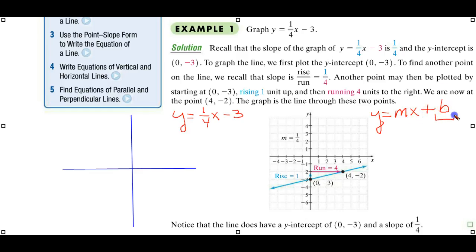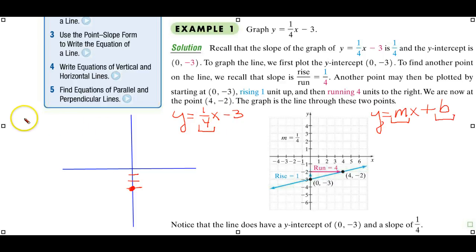Now, b is the y-intercept, so we see the y-intercept is a -3. So in this technique, we put a dot on -3. Now we look at the slope, which is the coefficient of our x term, when we solve it for y, and we see it's 1/4.